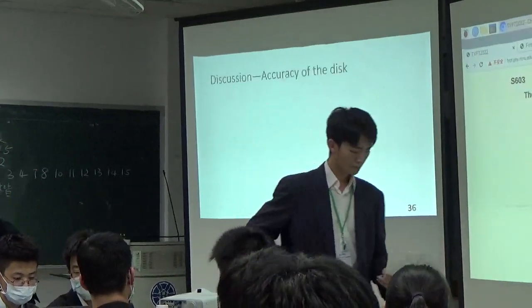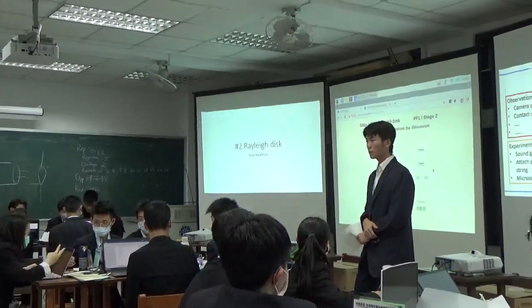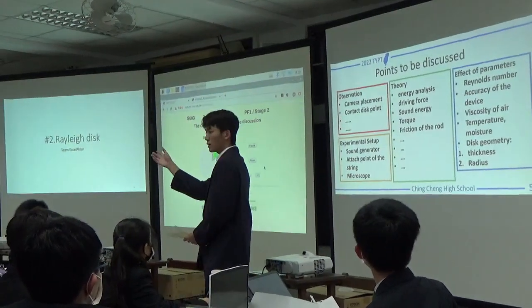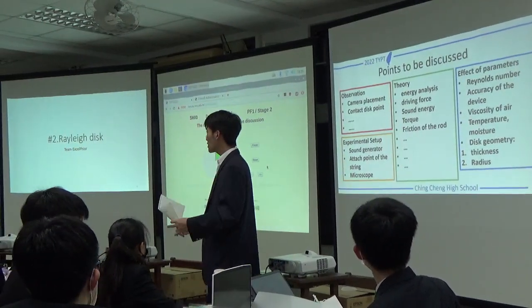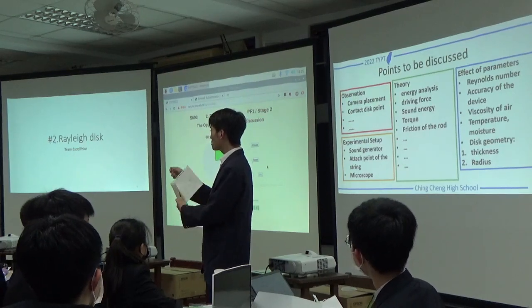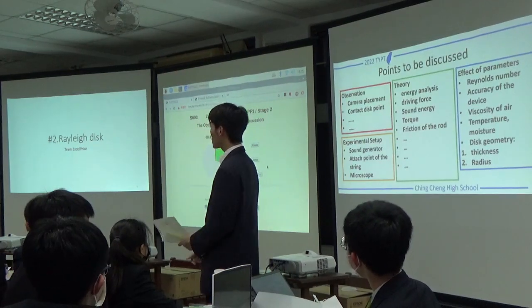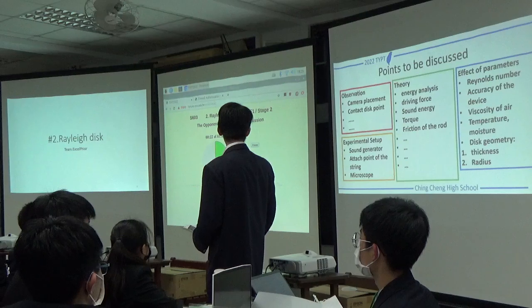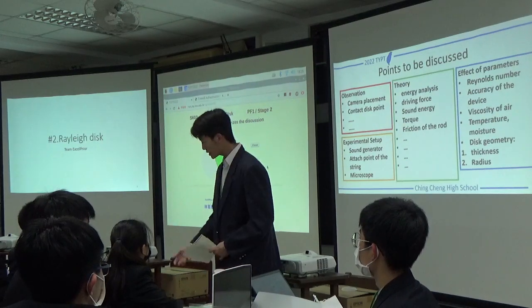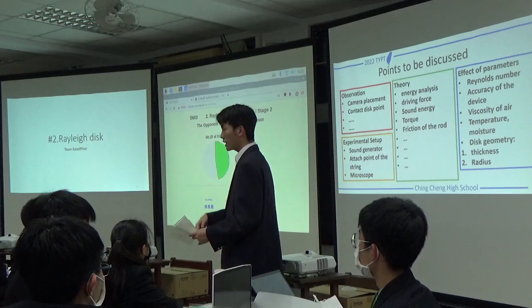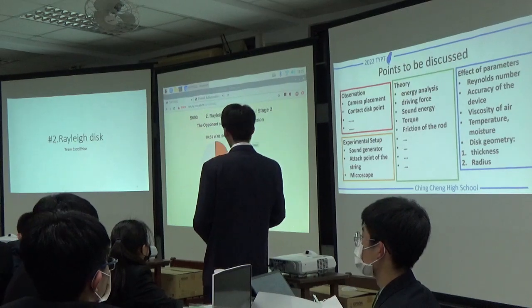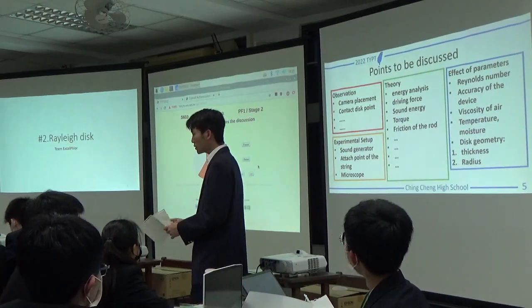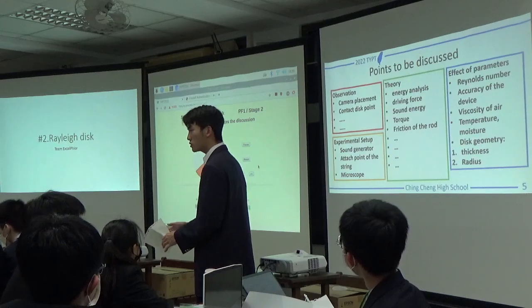So now I'll do a summary of my report. Firstly, I discussed the experiment setup, and I clarified how they did the experiment by drawing some graphs on the blackboard. Then I discussed the experiment setup like the attachment of the string, and how they attach the string, and then the theory like the torsion constant and the radius and the velocity of speed that will affect the accuracy of the device.